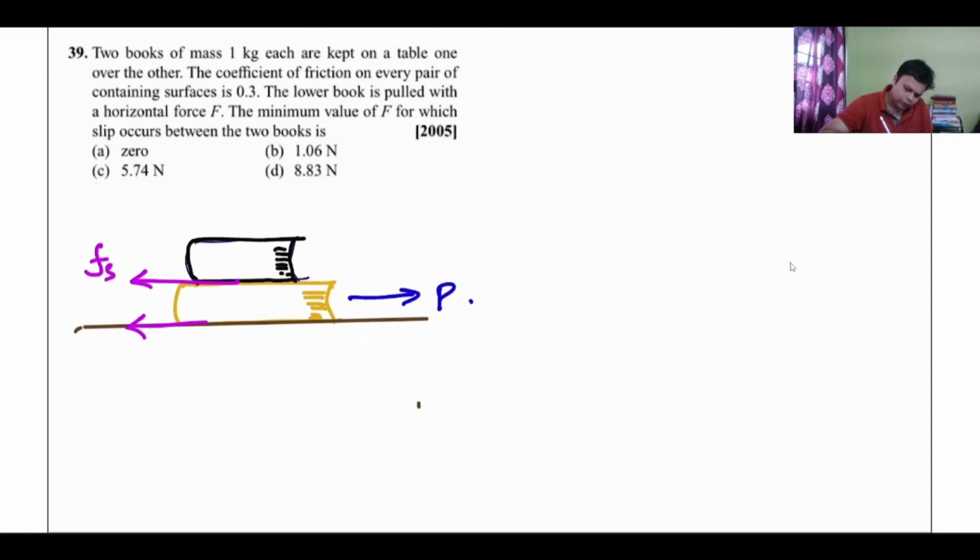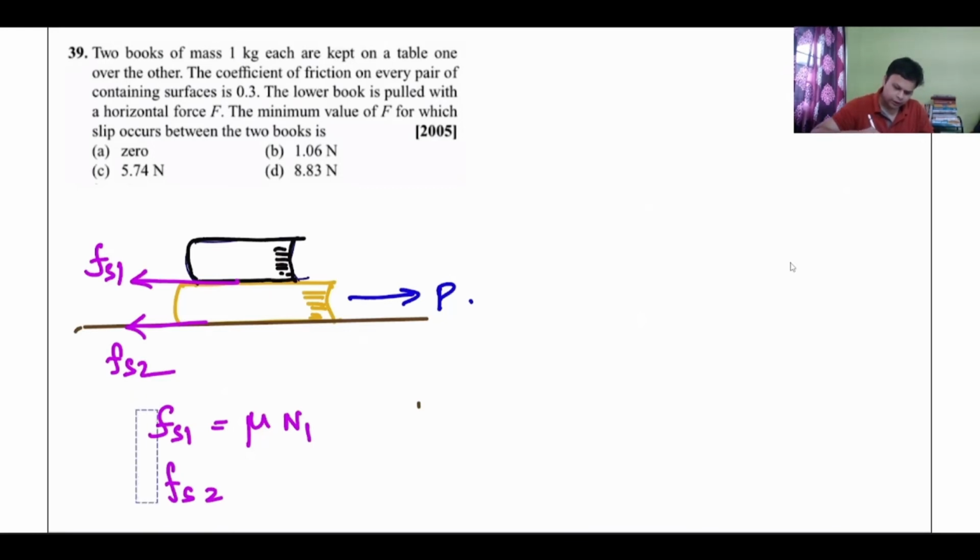Let me say Fs1, Fs2. Right. So what is Fs1? Fs1 is equal to mu into N1. What is Fs2? Basically, at limiting condition, I should write Fs max. Better if I write Fs max, at limiting condition.